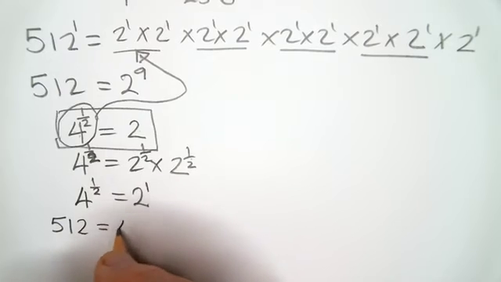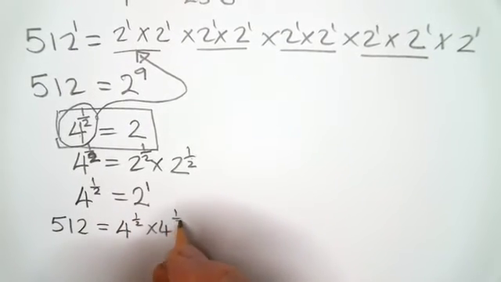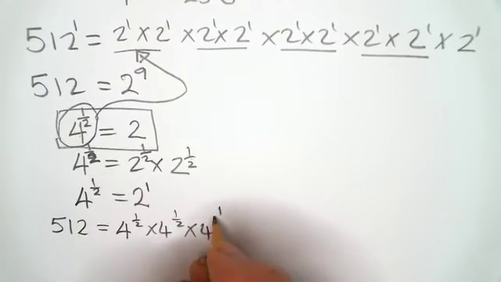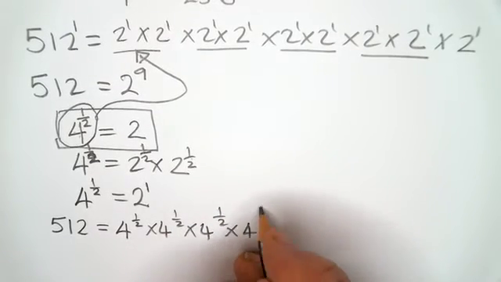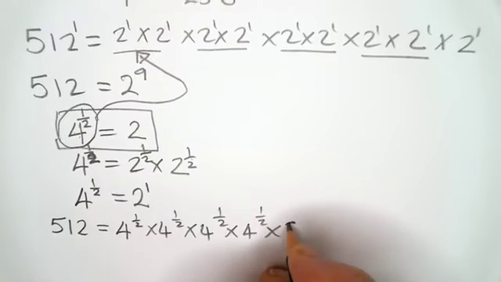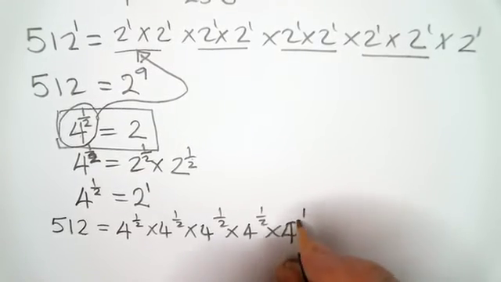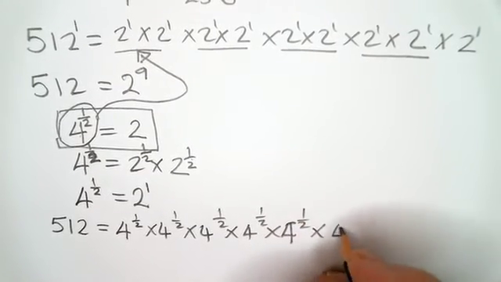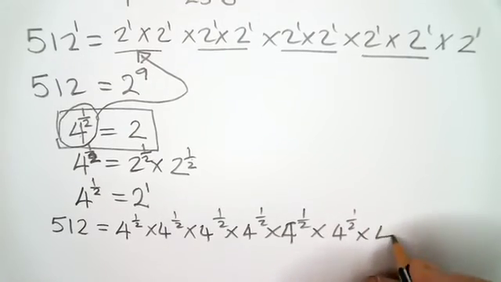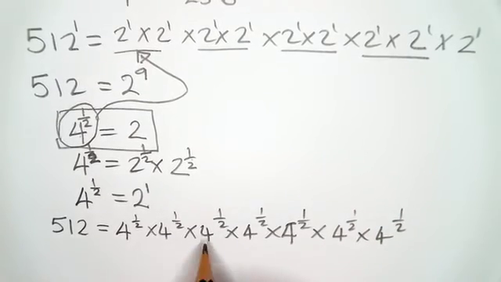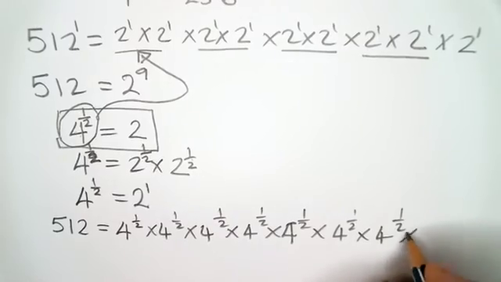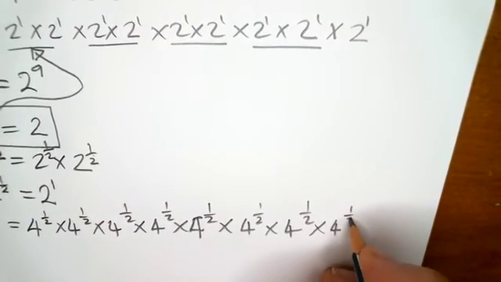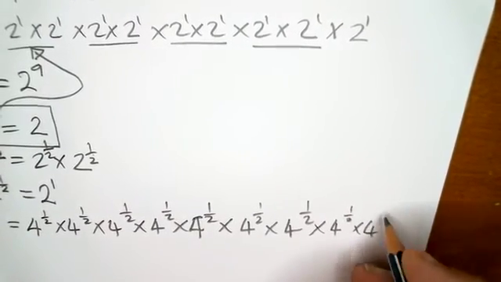So this would be 4 to the power of 1/2 times 4 to the power of 1/2 times 4 to the power of 1/2. Each of these, of course, is replacing a 2. 4 to the power of 1/2 times 4 to the power of 1/2. We're almost there. That's 4 to the power of 1/2, 1, 2, 3, 4, 5, 6, 7. 4 to the power of 1/2 times 4 to the power of 1/2.